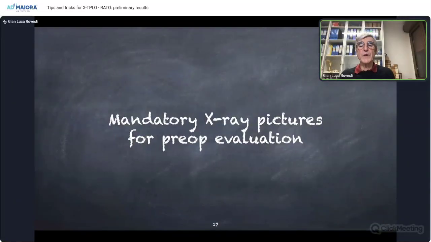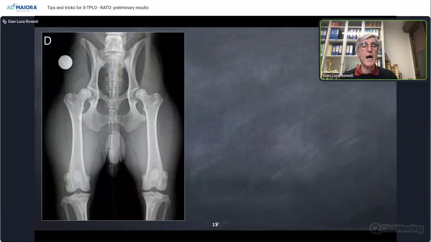Okay, so the mandatory X-ray pictures for pre-op evaluation that we should have in order to evaluate the case are extended hips, and of course here you can evaluate if the hip is lax or not, no doubt, I think in this case.